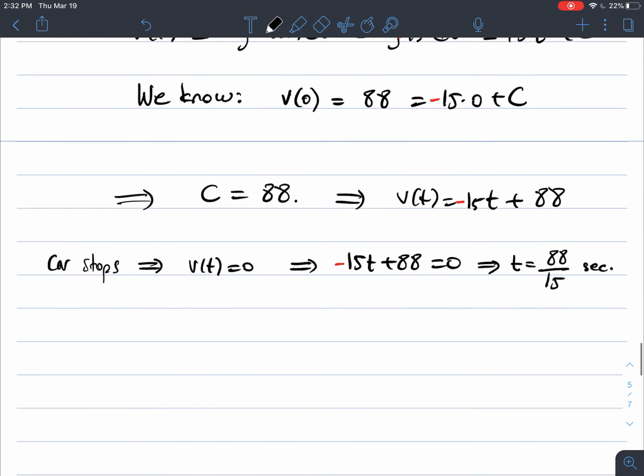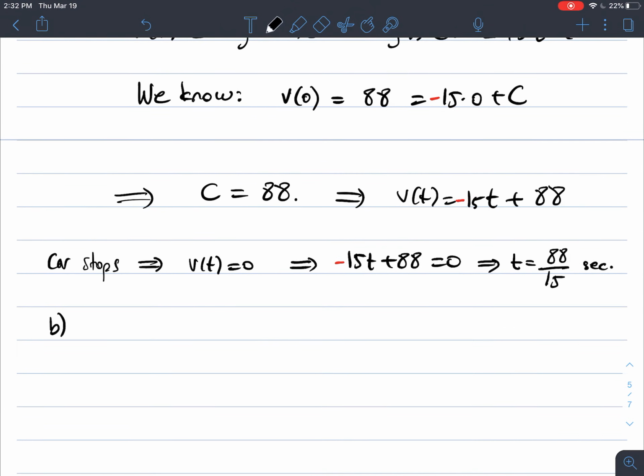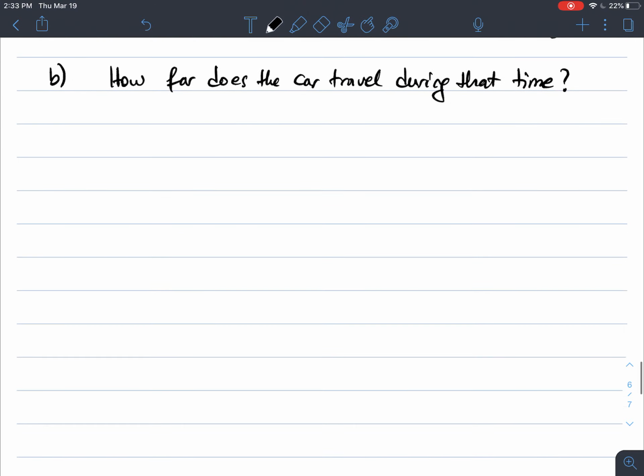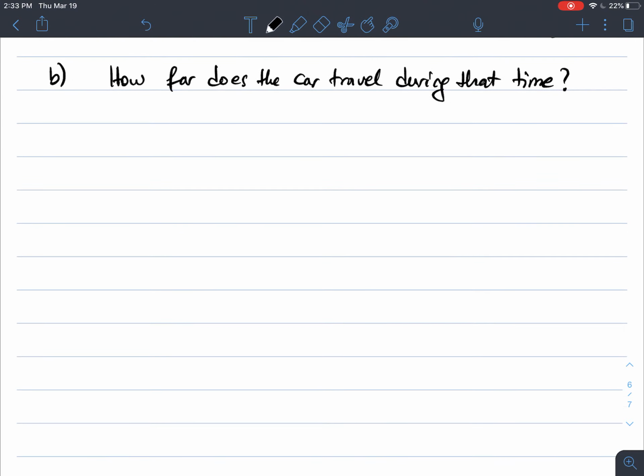And the next question is, how far does the car travel during that time? Well, to find how far the car travels, we need to know the position function.